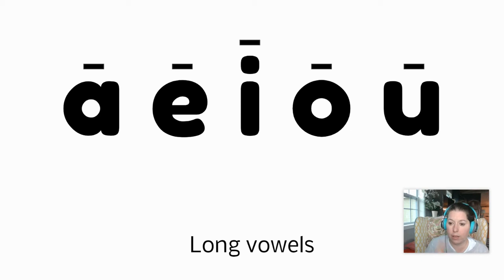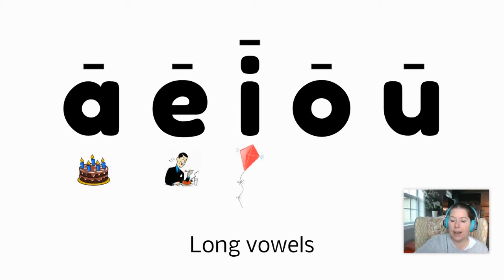So each vowel has two ways to be pronounced. The long vowels are pronounced by saying their own name, or we can associate a picture to them as well if that helps. So A as in cake, E as in eat, I as in kite, O as in boat, and U as in unicorn.